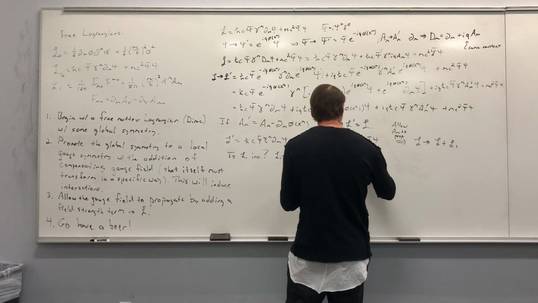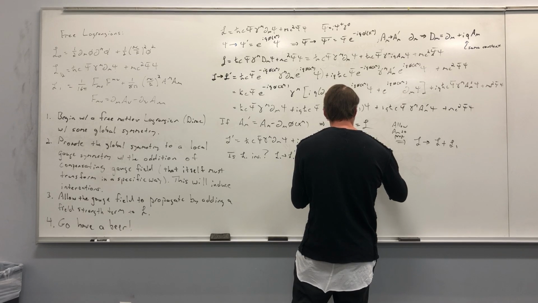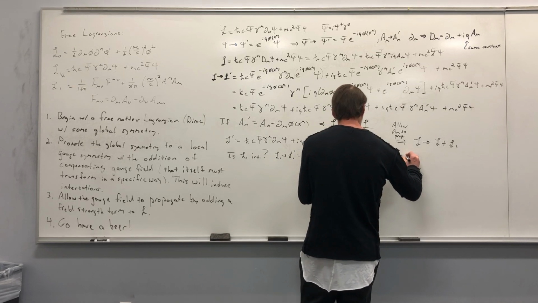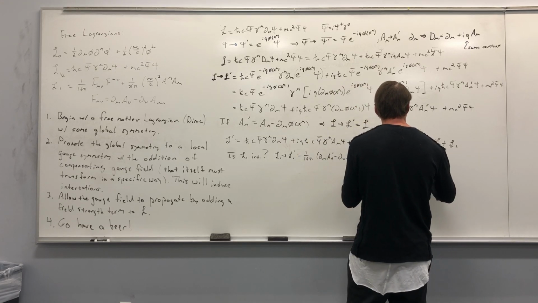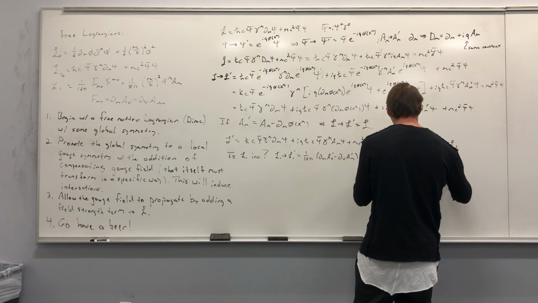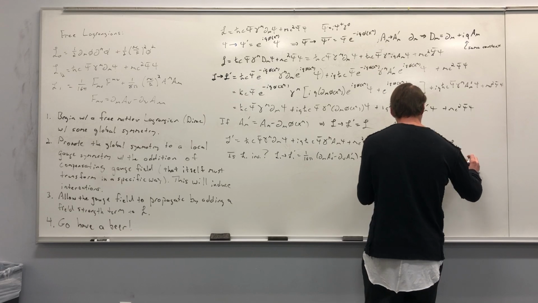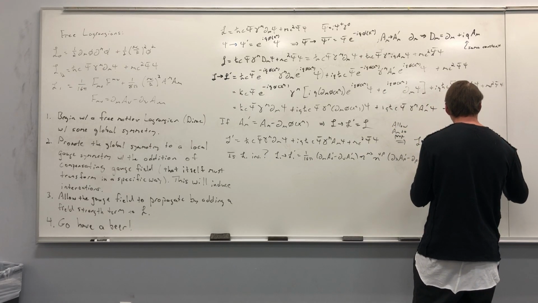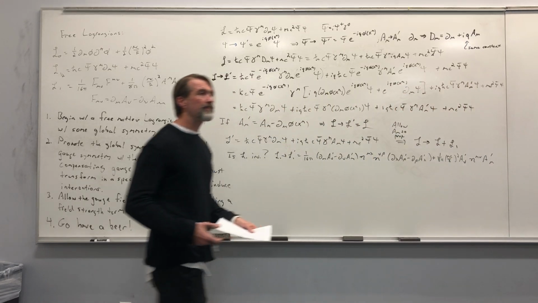So these are going to be eta mu lambda eta nu rho, d lambda A rho prime minus d rho A lambda prime, plus 1 over 8 pi, mc over h bar squared, A nu prime, eta mu nu, A mu prime.